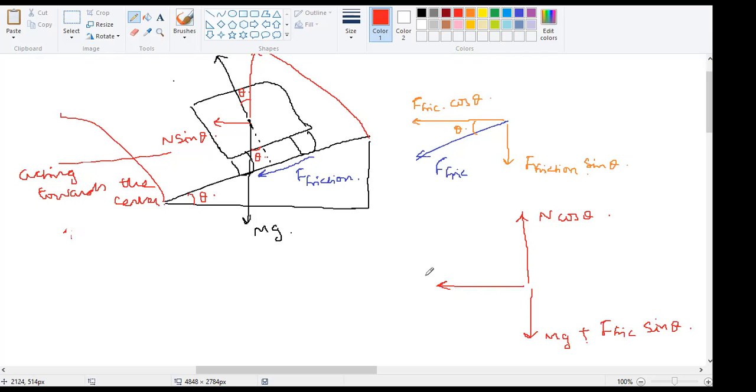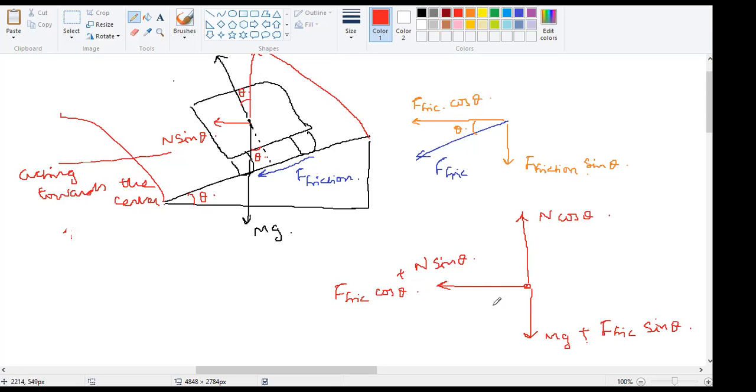Normal reaction N sin theta is acting this way, plus F friction cos theta is also acting this way. If you understand this, you will understand this. Anybody not following this, please ask me.